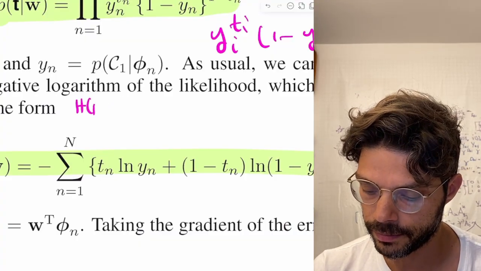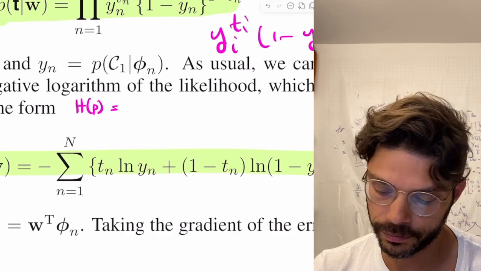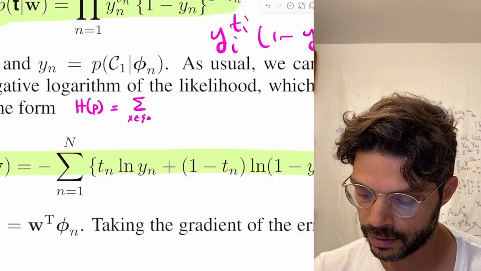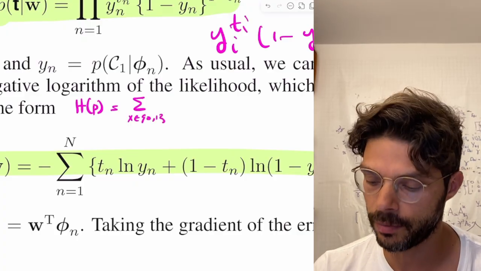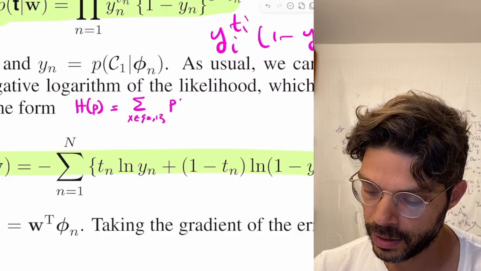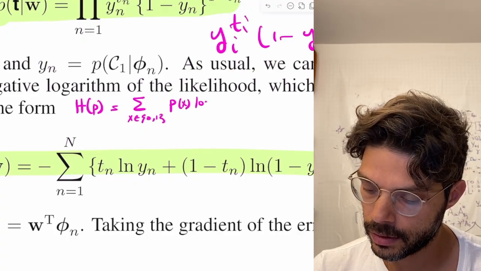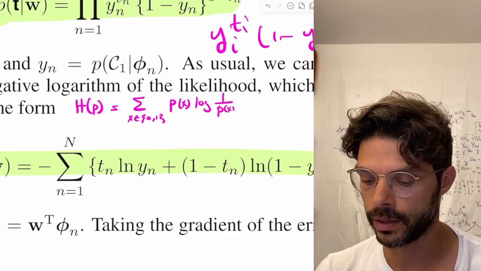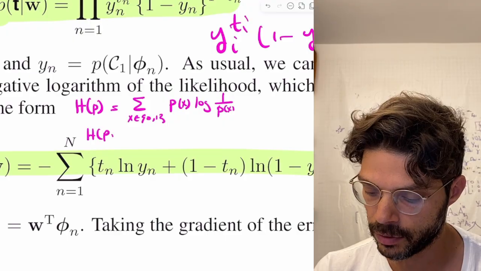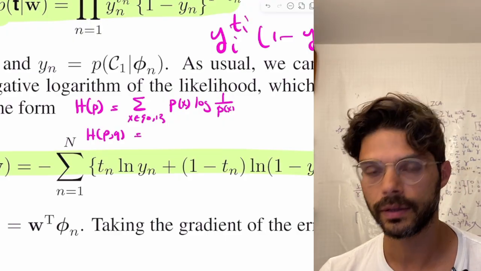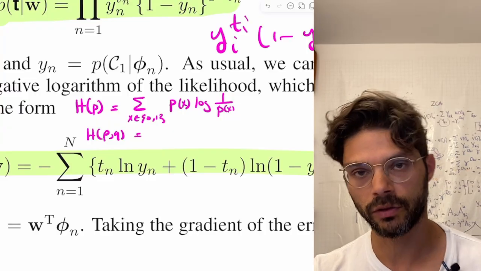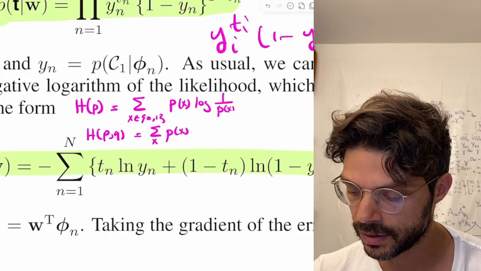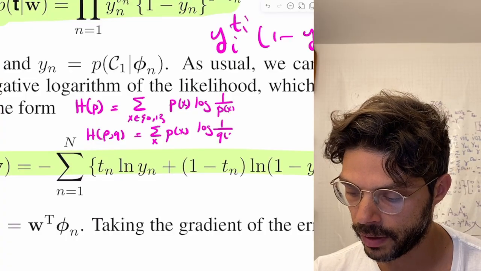The entropy was the sum over the values that the variable could take, so 0 and 1 for a single binary variable, of p of x log 1 over p of x. Now the cross entropy is a similar thing, but it relates to distributions. So it's again the same thing, but p of x log 1 over q of x.